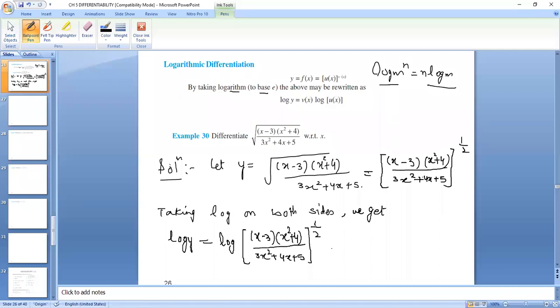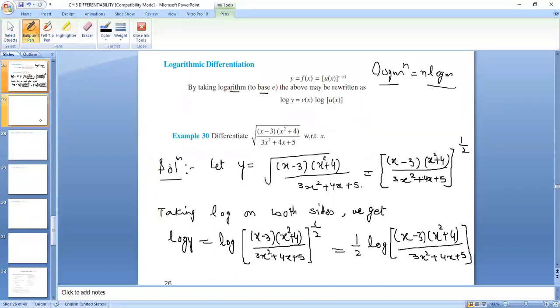So that means it will be 1 by 2 log of (x minus 3)(x square plus 4) upon 3x square plus 4x plus 5.